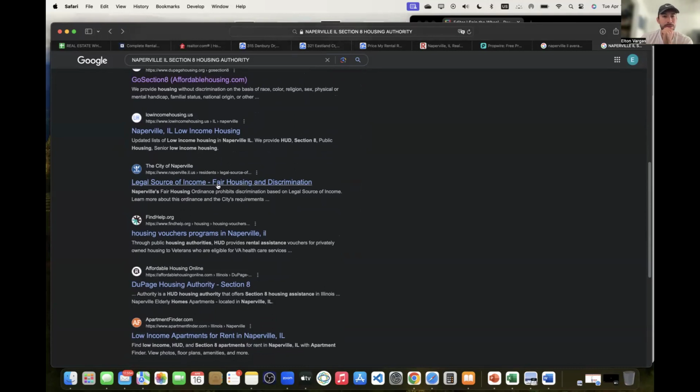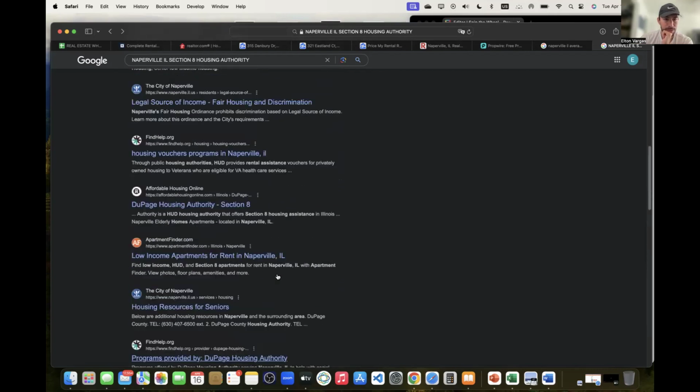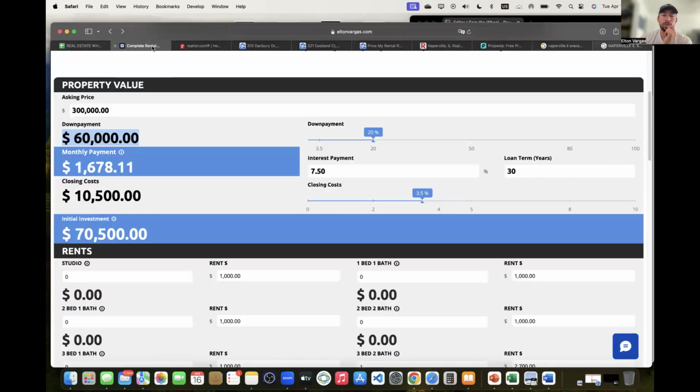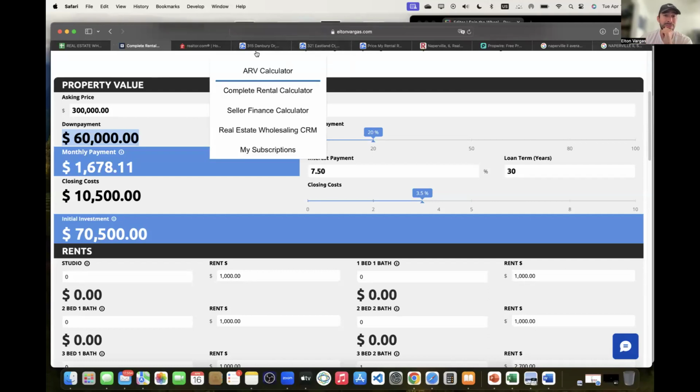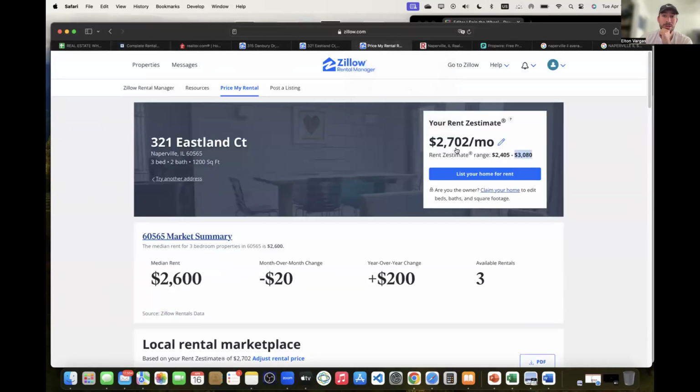Of course, it's dealing with the tenants as well, but I'm out of state, so I'll have the property management make sure they find that out for me. Nothing's pulling up on the city for it, but that's the way we'll do it, because what Section 8 will do is the government will pay 10, 15, 20% more than what the property can rent for. So it could bring me more money.